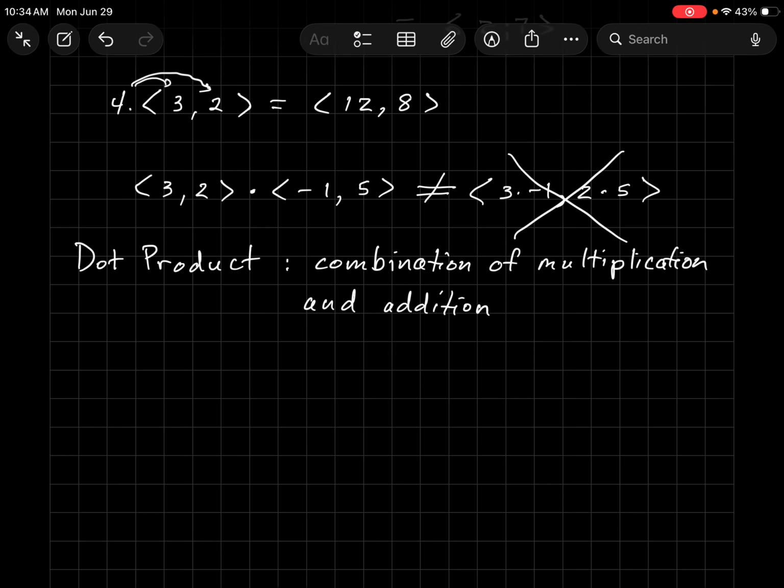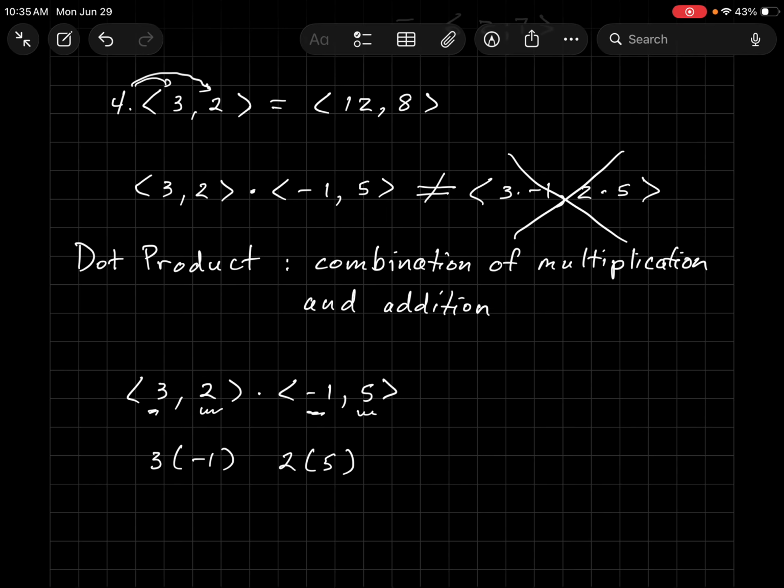Well, I do, in a dot product, multiply like components together. So I would multiply the x times the x, 3 times -1. And I would multiply the y times the y, 2 times 5.